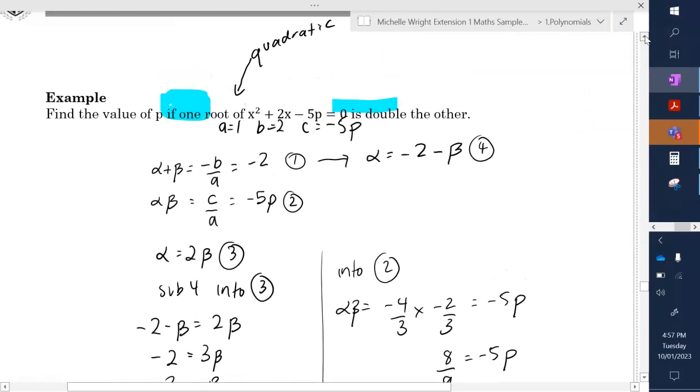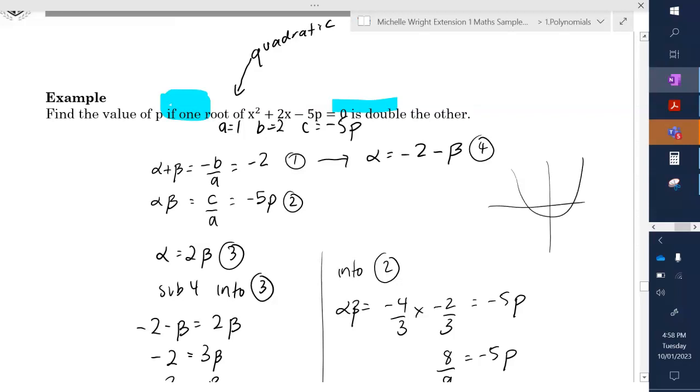Okay, before we go on, something I wanted to mention is that with our quadratics, the fact that we're finding the sum of the roots being minus b over a is very similar to our vertex. So let's just draw a quick sketch. If we had a quadratic, and that's not necessarily the quadratic up there, and these are our 2 roots, when we're going alpha plus beta and we're summing those, we're getting minus b over a.